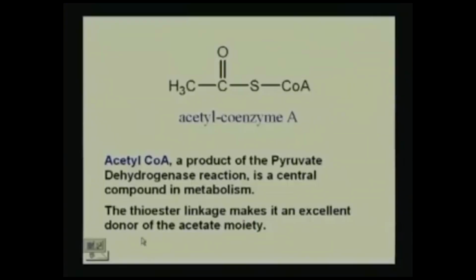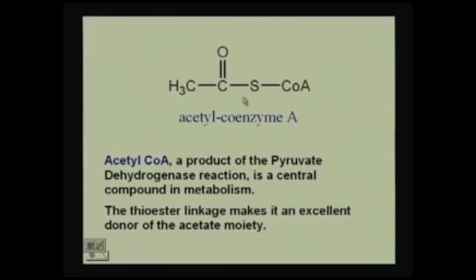Now, let us see what happens. So there we have acetyl coenzyme A, which is a product of the pyruvate dehydrogenase reaction, and it is a central compound in metabolism. And you see how carefully nature has decided on its formation, with all these E1, E2, E3 specific cofactors acting out, and so on and so forth.